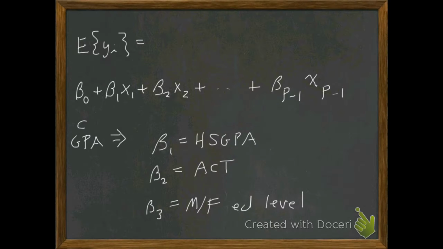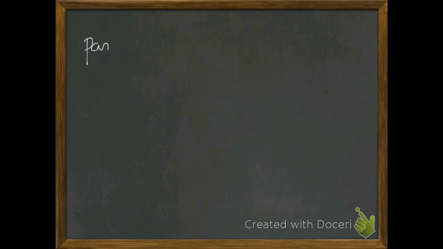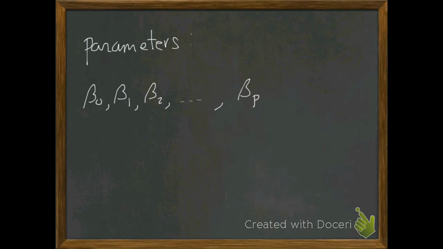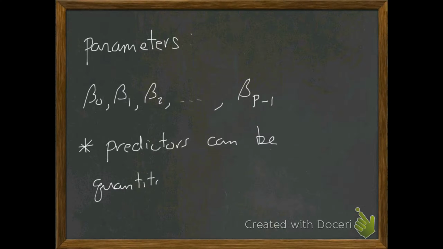All right, gang, the parameters for these models, as you would expect, would be beta 0, beta 1, beta 2, and beta p minus 1. And the interesting part of this is our predictors can be quantitative and/or categorical.